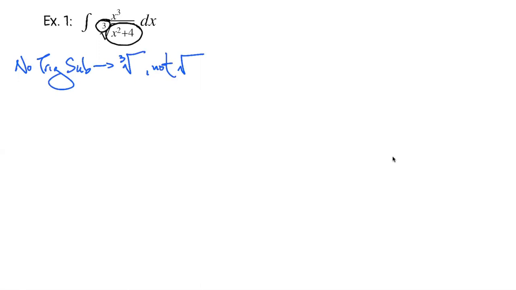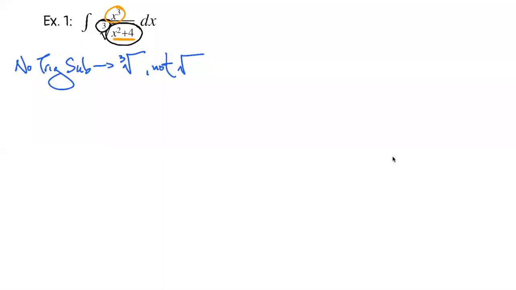Now, if we were to think, well, maybe in a traditional sense, we could use U sub, we would maybe say that our U was this x squared plus 4. And then usually we're looking for something that just has an x on the top. But in this case, we have x cubed.